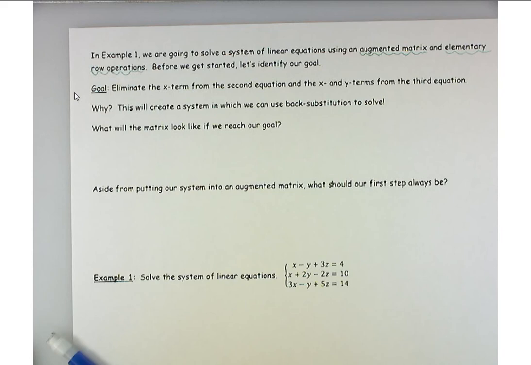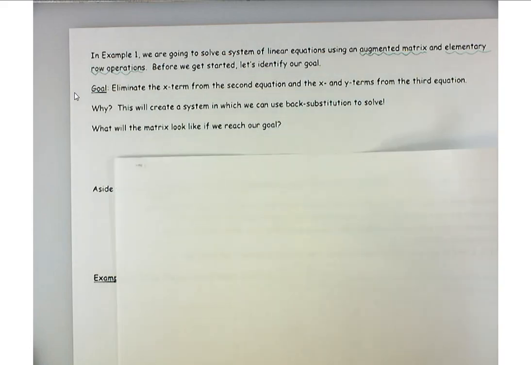So remember yesterday we talked about strategy 1. And what was strategy 1 from yesterday? What was one strategy that we used to solve our systems? Yeah, we put it in triangular form.